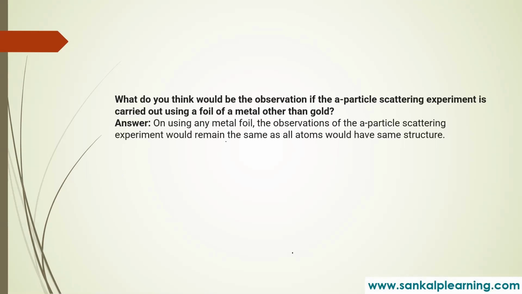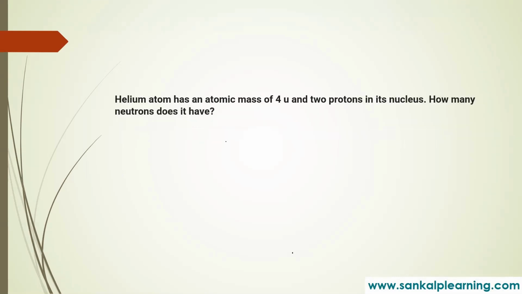It is difficult to do that with other metals, so we use gold foil here. No doubt we can use other foils also, because all atoms have the same type of structure, but gold specifically has the malleability property, where thin sheets can be made. Correct. Next.